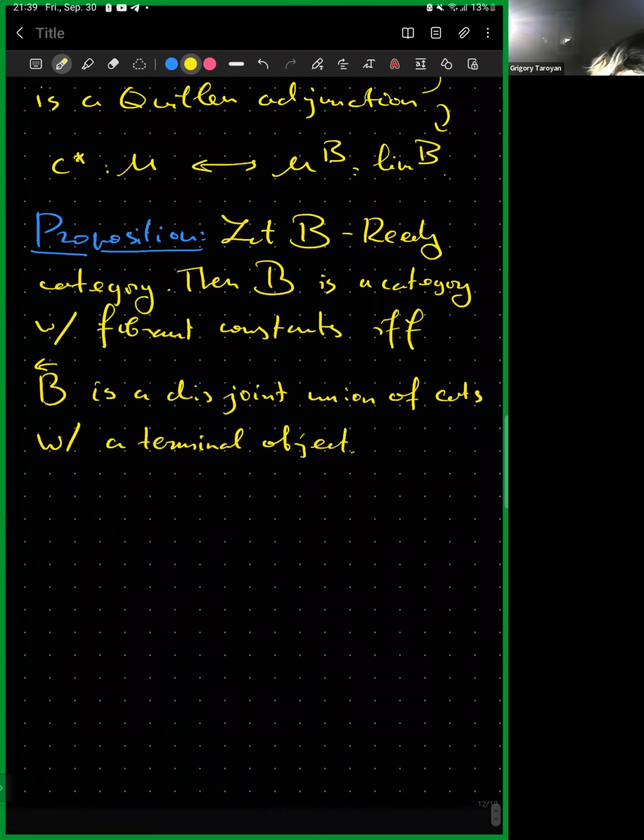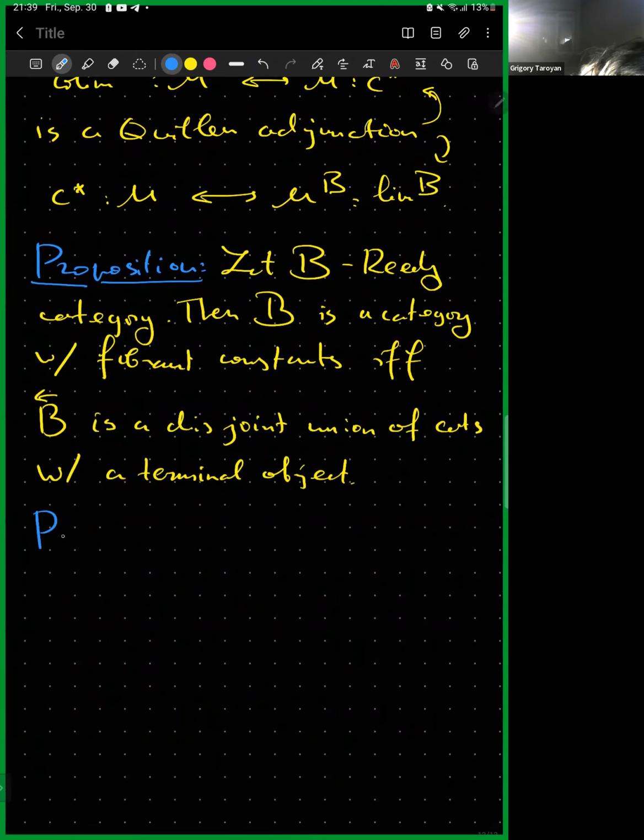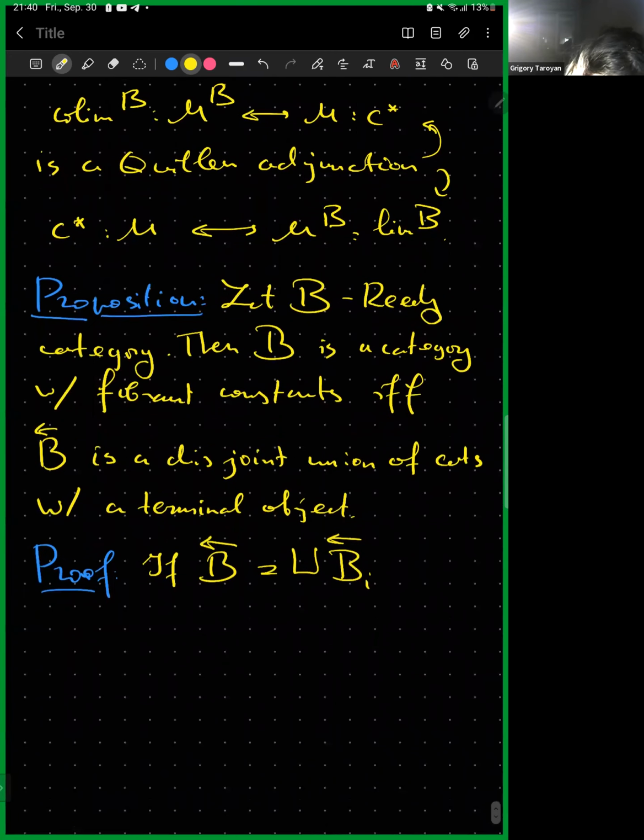Okay, so let us sketch the proof. So the basic idea is that if this decreasing subcategory indeed splits into a disjoint union of subcategories with a terminal object, then it is pretty clear that we indeed have a Quillen adjunction.